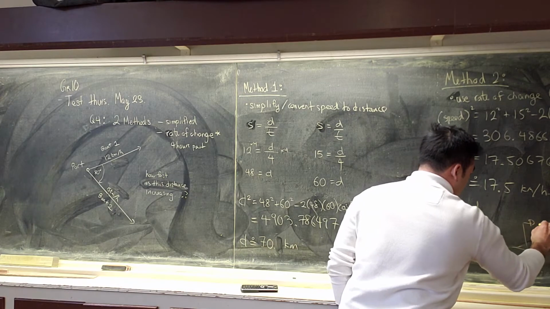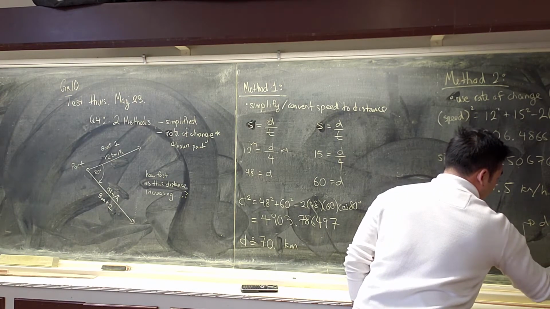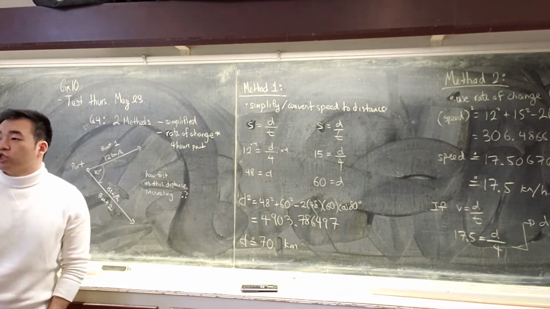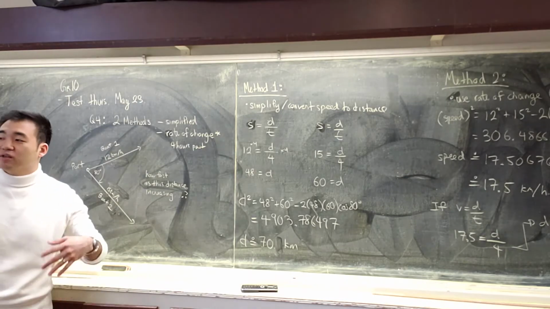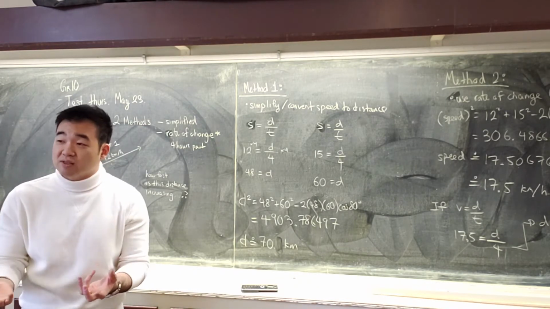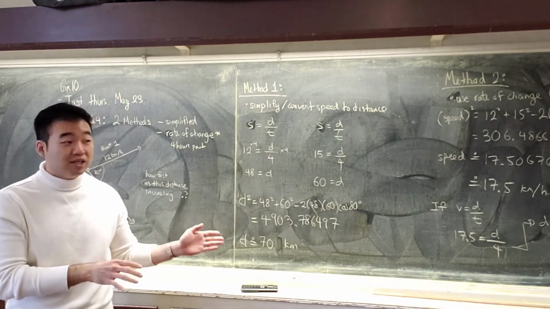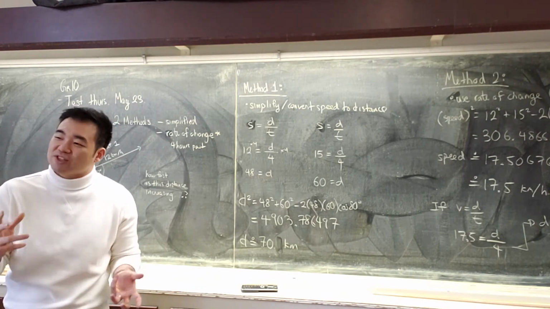Distance is equal to 17.5 times 4, which is about 70 kilometers. So we're talking about the exact same thing, but in 2 different methods, or 2 different concepts. One is specifically talking about distance, the other one is talking about how quickly it's changing, but it's still the same triangle.